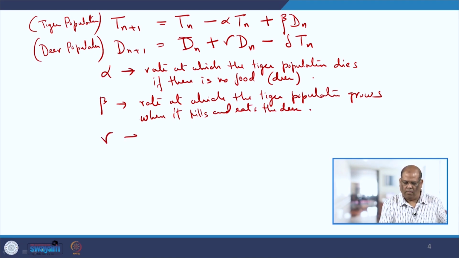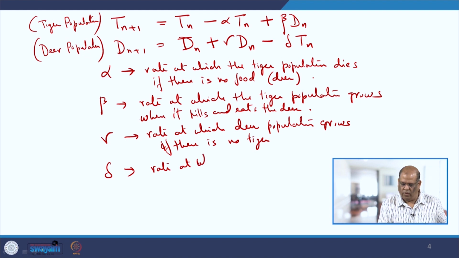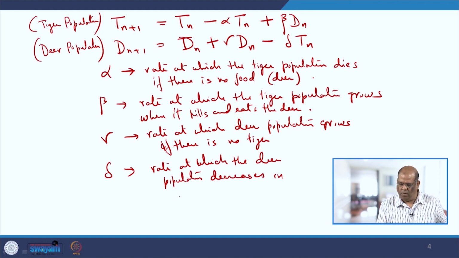Similarly, gamma is the rate at which the deer population grows if there is no tiger, and delta is the rate at which the deer population decreases in the presence of tigers.